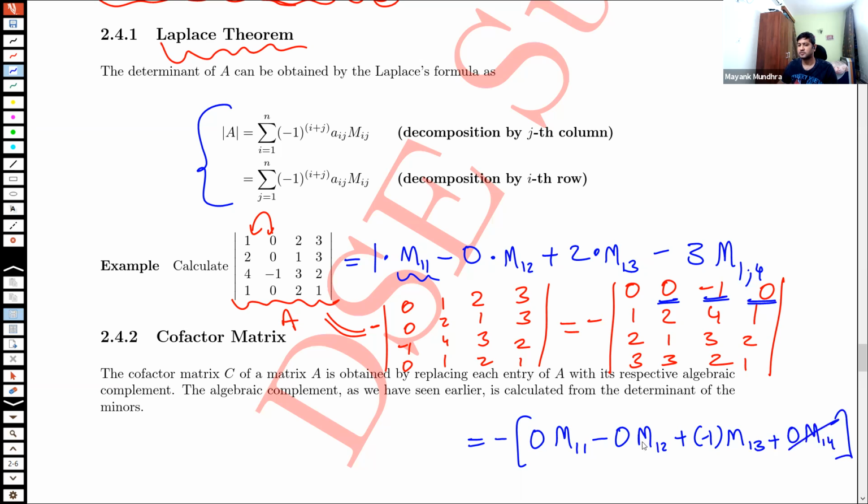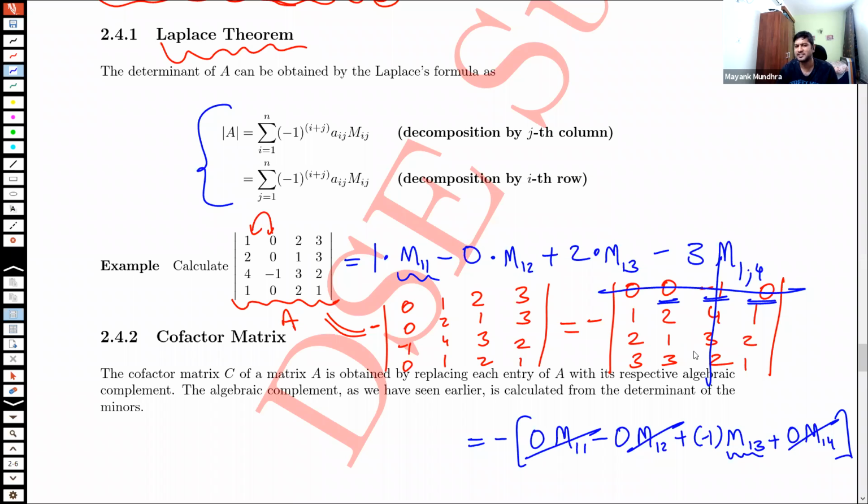Now, obviously, because of the 0, these three entries cancel out. I only need to calculate M13. How do I calculate M13? I eliminate this row and this column. The remaining matrix, you can find the determinant very easily. It's just 3 cross 3.